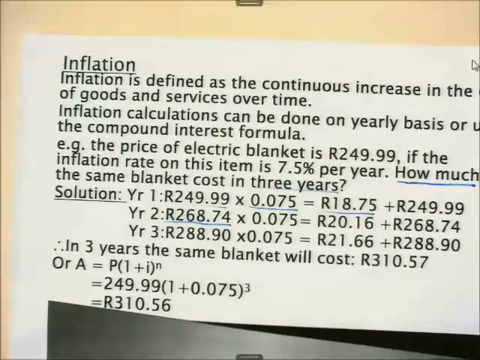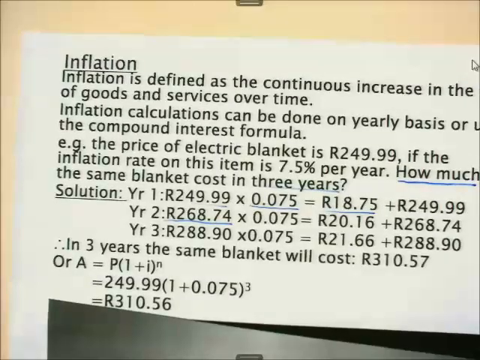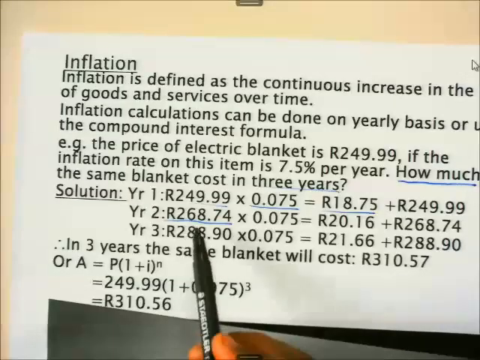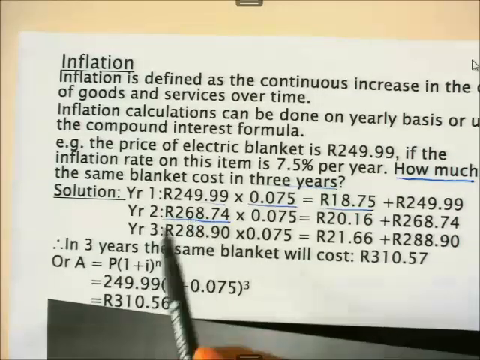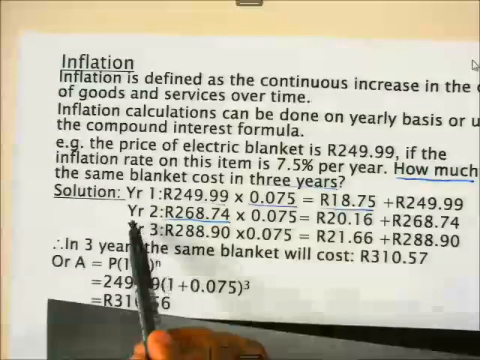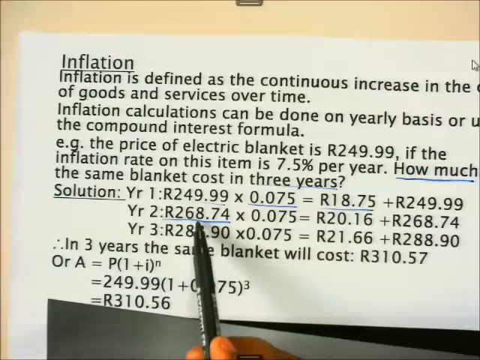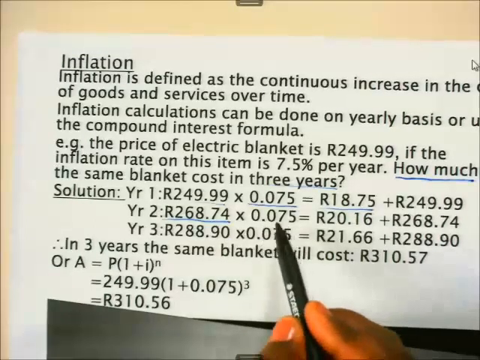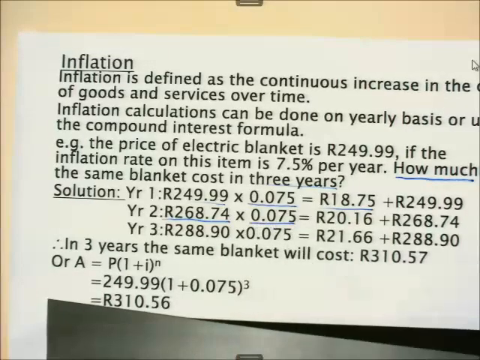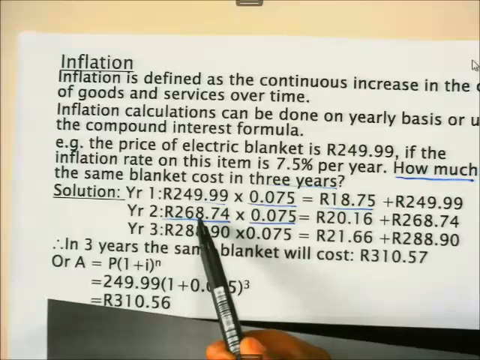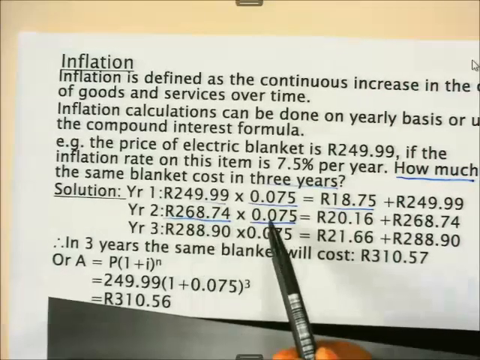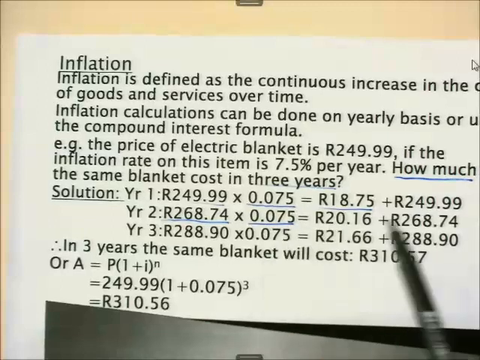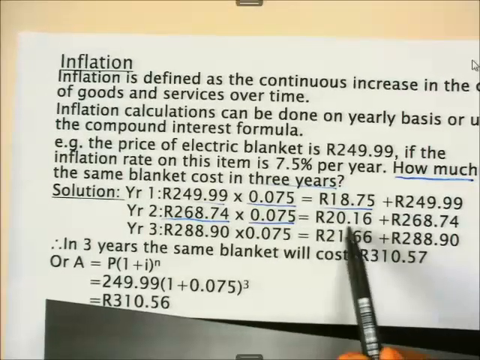And then what happens now in year 2? The very same blanket, because of the inflation, in year 2 it is 268 rand 74 cents. You still have to multiply by 7.5%, and when you multiply this amount for the second year by 7.5%, you end up with 20 rands 16 cents.